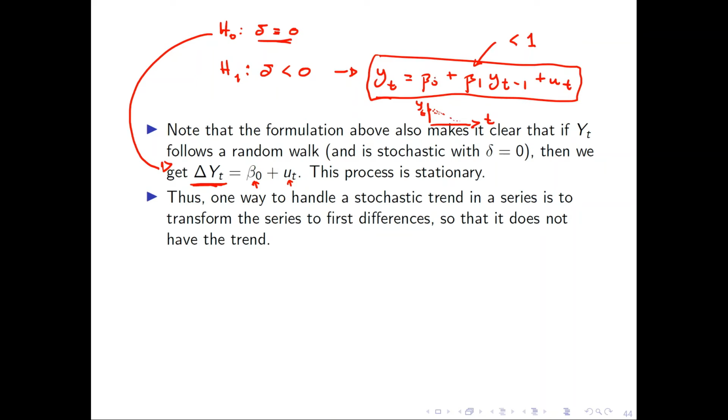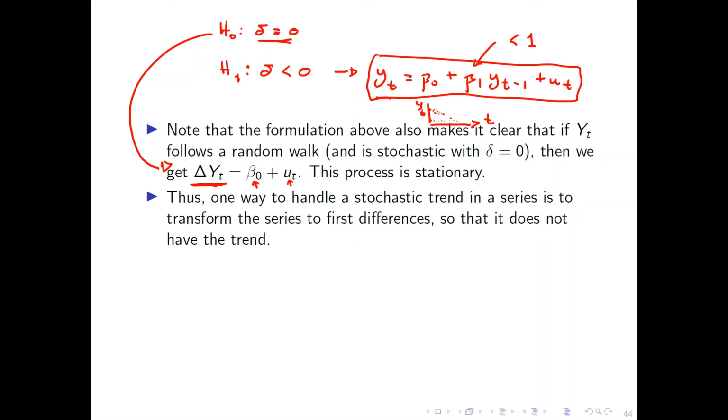But of course the beta naught is forming like this floor, and the error term is inducing some variation, but you do not have this explosive kind of process, you actually have a stationary process.